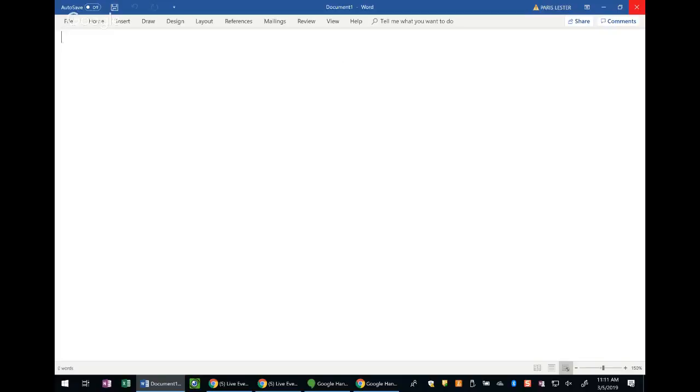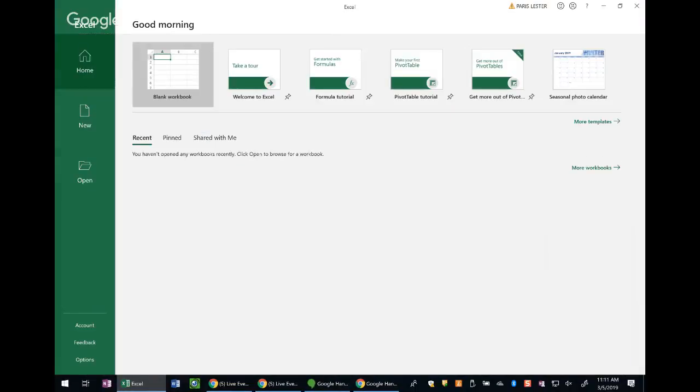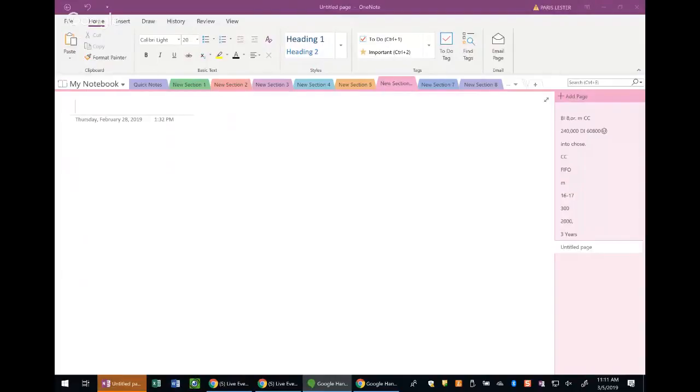It won't let me even write on Word. I know it will let me. That's Excel. I don't want Excel. Now we'll get over to Notepad. I know it will let me write on Notepad.